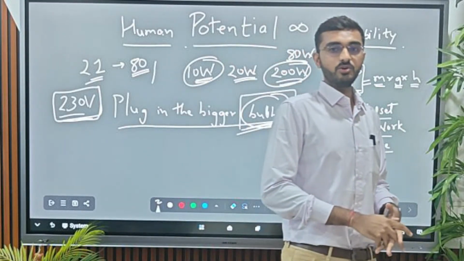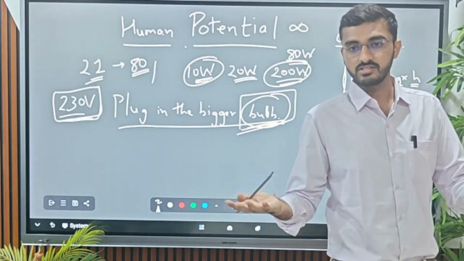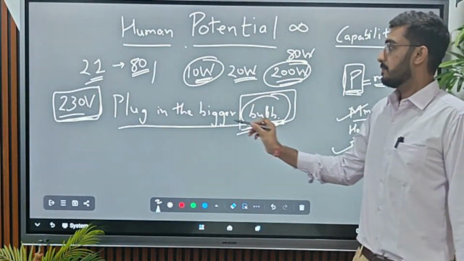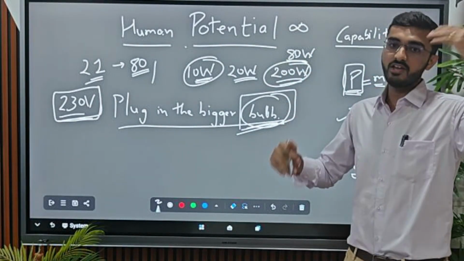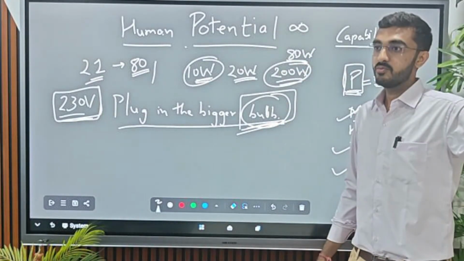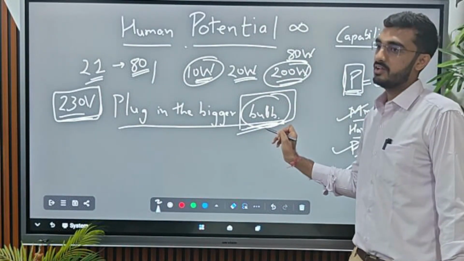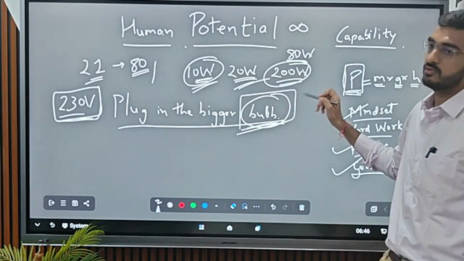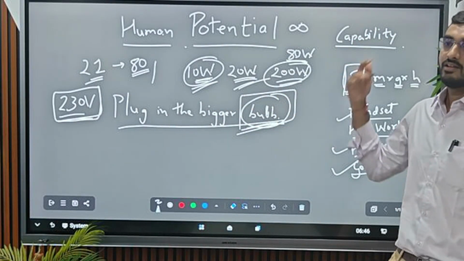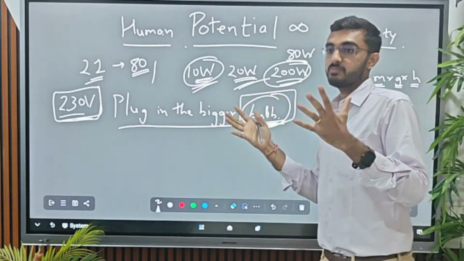And my idea with sharing this message with you guys is, plug in the bigger bulb means, think, okay, if I live till 100 years, what do I want out of my life? If I want to become a 10-watt tube light, 20-watt tube light, or a 200-watt halogen, depending upon that, your ideas will expand.